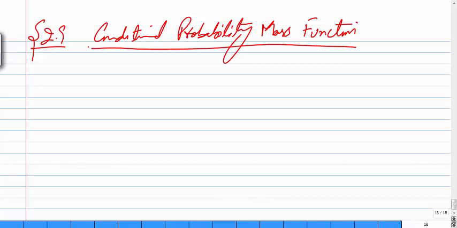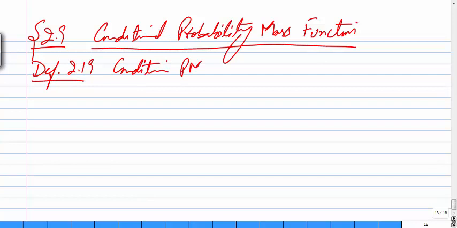So this is the last one. Now for this, if we look at Definition 2.19, this tells us the conditional PMF. What is conditional PMF?